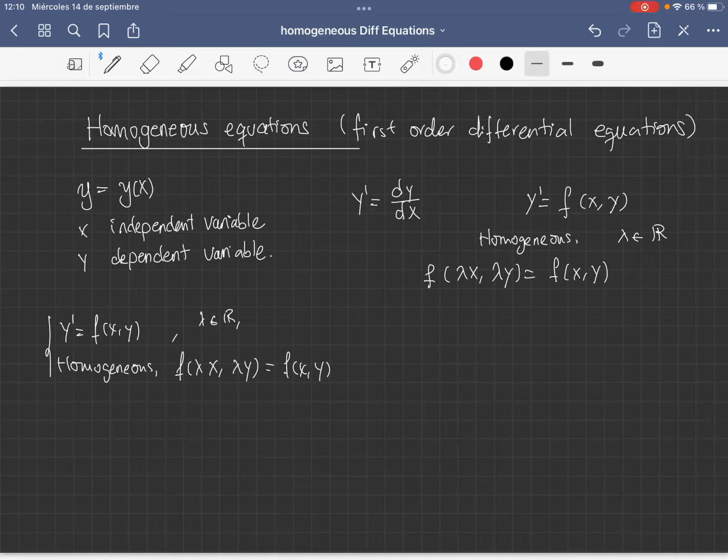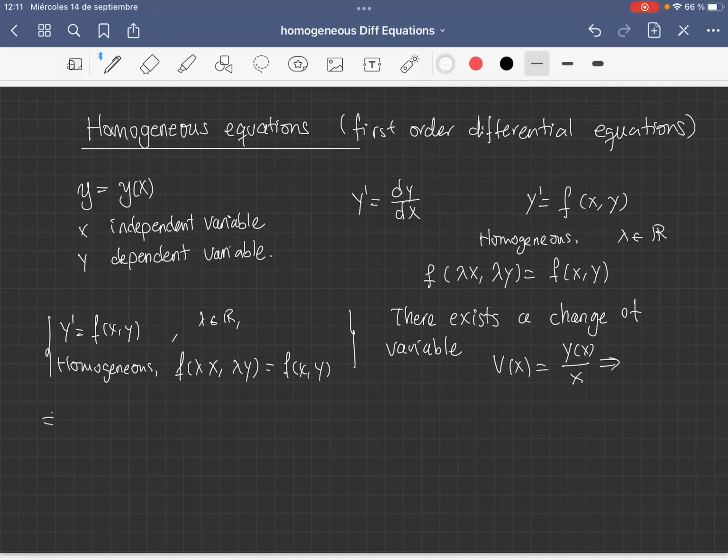That means that there exists a change of variable. Let me introduce it as v as a function of x, equal to y as a function of x divided by x. That means that the initial y is going to turn into v times x.